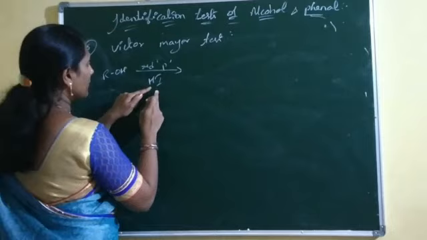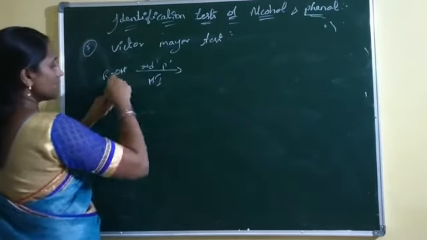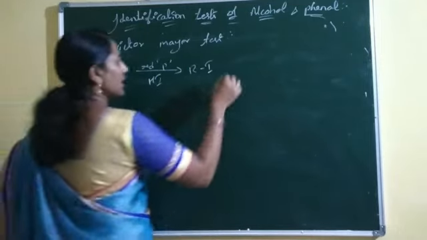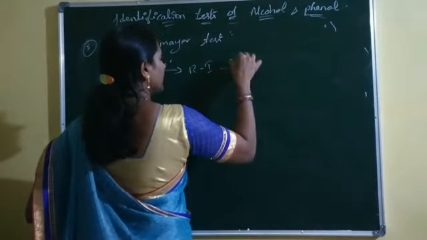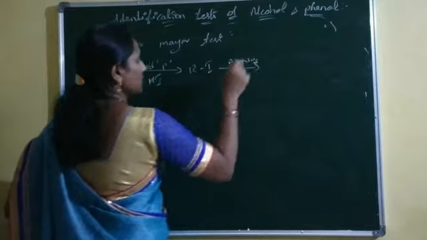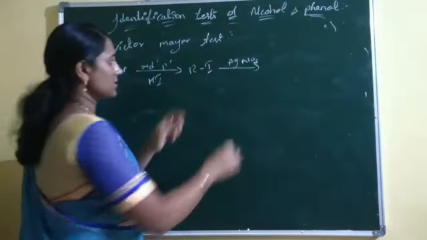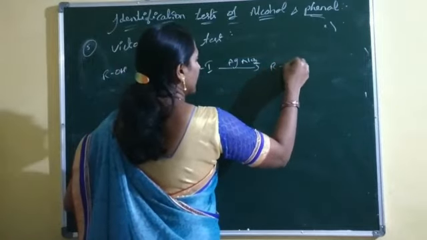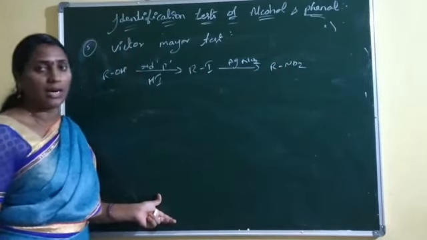The hydroxy group is replaced by iodide to form alkyl iodide. Now this alkyl iodide is treated with silver nitrate. The iodine is replaced by the nitro group to form nitroalkane.